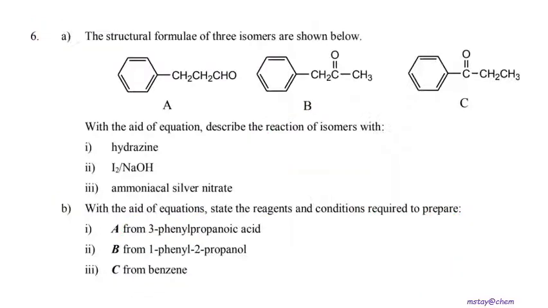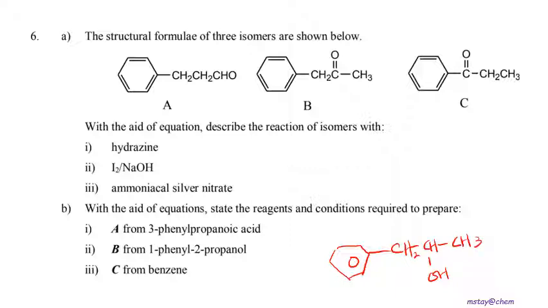Now, B is from 1-phenyl-2-propanol. Let's draw the structure of propanol and 2-propanol, so the OH is over here and the phenyl is at the first carbon. Complete this with H2, H and H3.